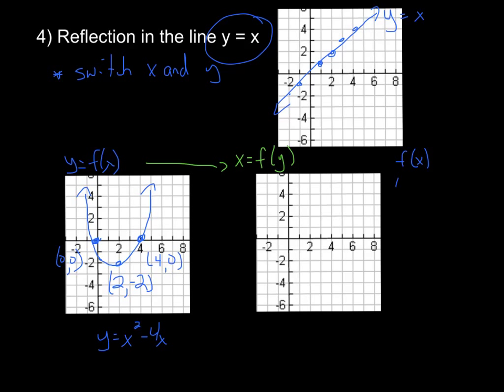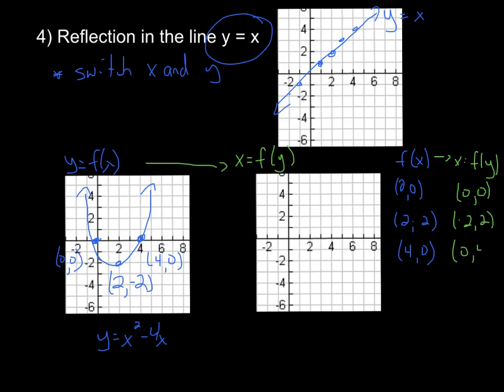They were 0, 0, 2, negative 2, and 4, 0. I want you to switch them to now x equals f of y. So all you do to reflect in the line y equals x is you switch your x's and y's. So 0, 0 is still 0, 0. But 2, negative 2 is negative 2, 2. And 4, 0 is now 0, 4.